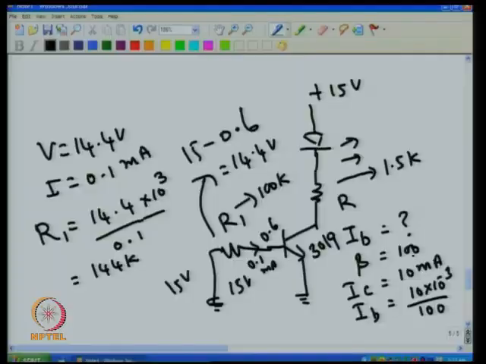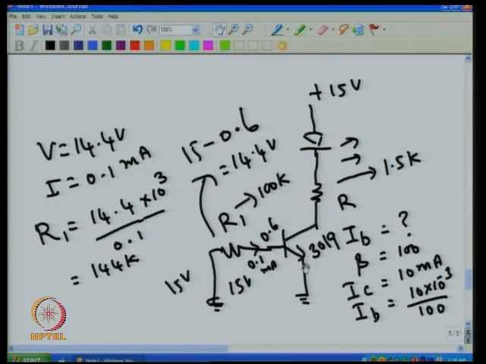So in this case we always take the worst case parameter that is required. Here I have taken beta as 100, that is the worst case value. So if I design with beta 100, then no problem, any transistor I put in will work, because if the beta is more I need only low current, but anyway I am giving more than required, so no harm, it works as a switch.